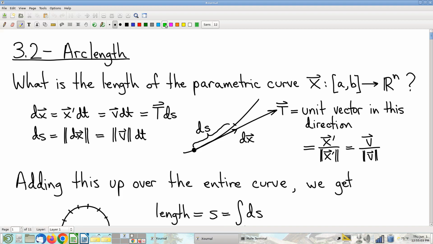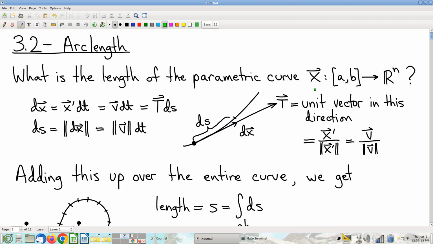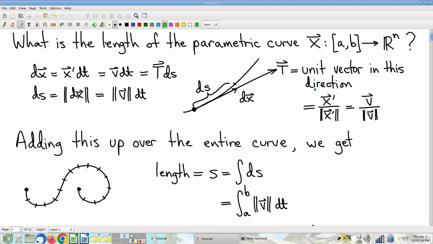Suppose I have a parametric curve, like so. And I'm interested in computing the length of the parametric curve. Broadly speaking, the big strategy for computing the total length of a curve like that is to chop it up into little pieces, and then on each little piece, which I'm going to call ds, compute what that ds is, and then we're just going to add up those little lengths over the entire curve.